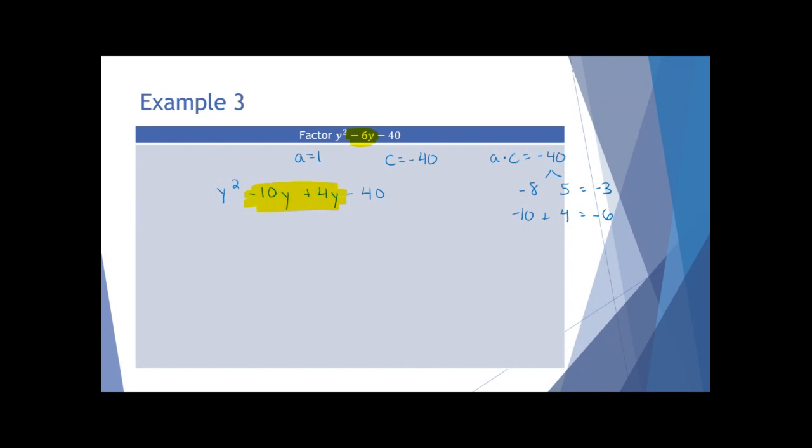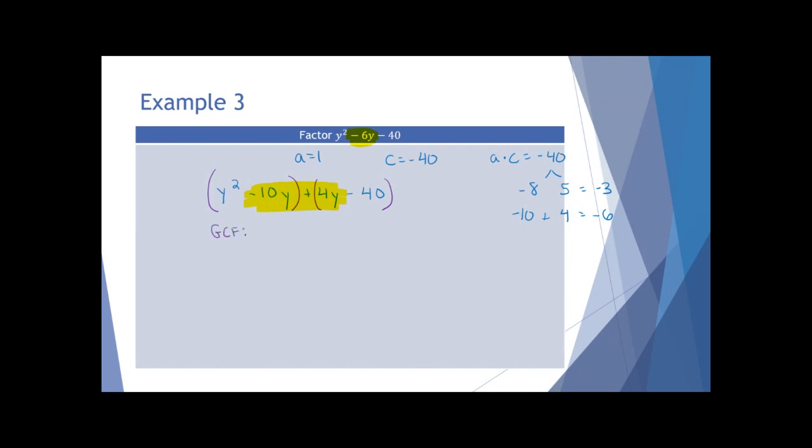Now we need to pair things together. I'm going to pair my y squared minus 10y and my 4y minus 40. And I need to look for the greatest common factor in each pairing.